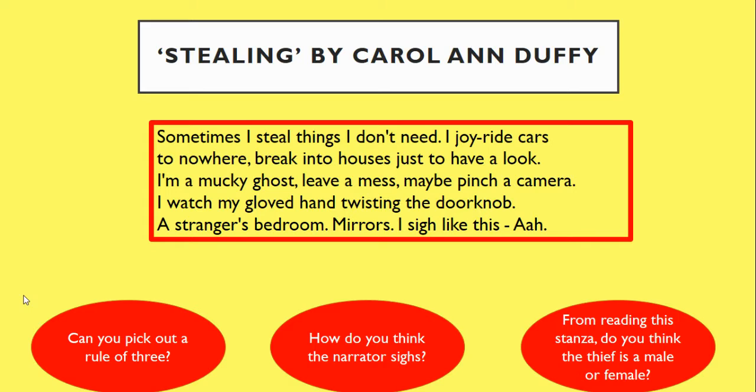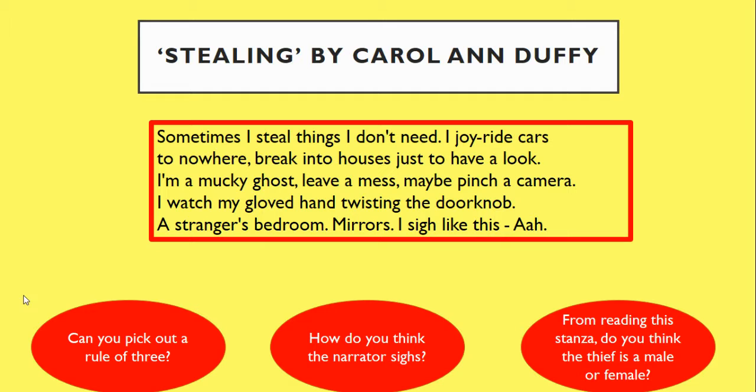Now, what is a sigh? I know sometimes I sigh when I'm at home and I do this. And then people will turn to me and say, what's wrong with you? Why are you sighing like that? We all sigh for different reasons and in different ways. So when we look at this verse, how do you think the narrator sighs?